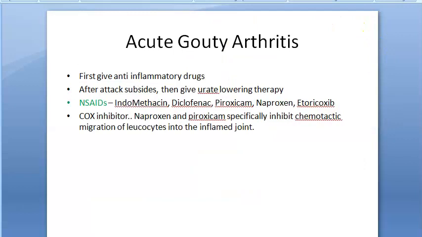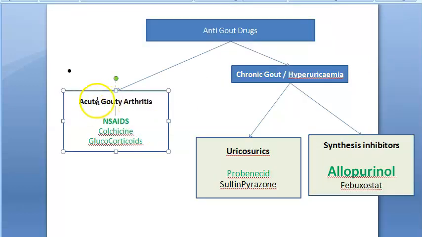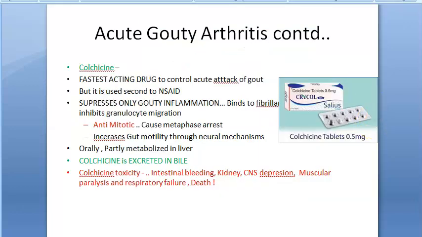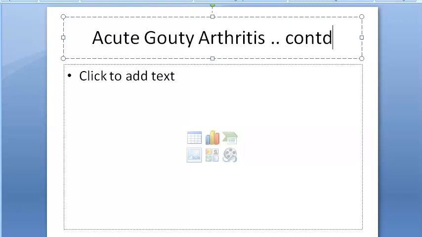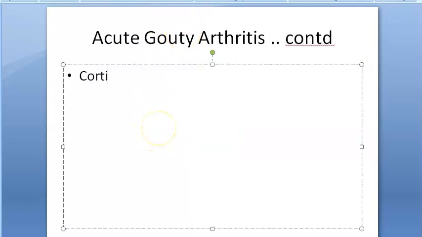So what we have seen now in the classification of acute gouty arthritis are NSAIDs and colchicine, and now glucocorticoids, that is nothing but immunosuppressant. In acute gouty arthritis, we have to look at corticosteroids.